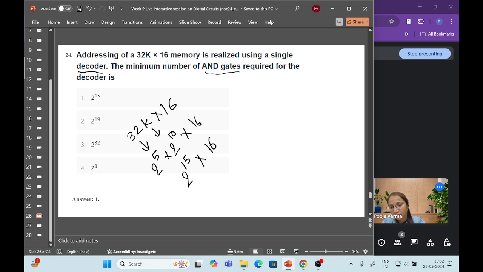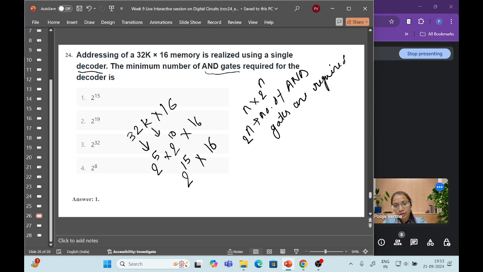For the decoder, already we know that in the decoder implementation, n to 2 to the power n, that means n data inputs and 2 to the power n outputs. So in the decoder, 2 to the power n is the number of AND gates required.